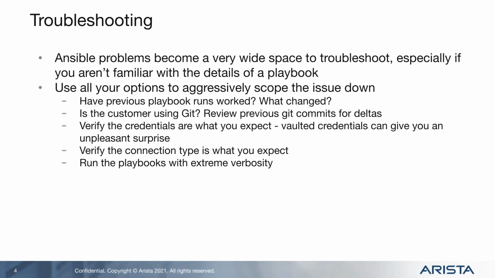So when you work with Ansible issues, it's very important that you aggressively scope down the problem in the beginning. The smaller you can make the search radius, the better. So some things I'll commonly do are I'll ask a customer, okay, did this playbook previously work? Do you have outputs and runs to show me? Can I look at your Git history? Have you made changes, and can I see in your Git logs anything that might indicate where the problem would be?